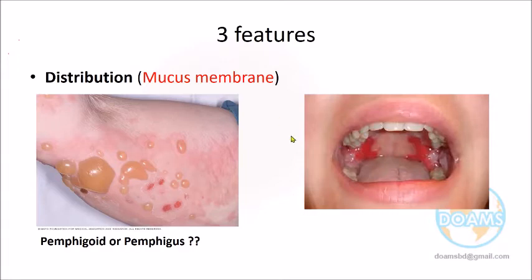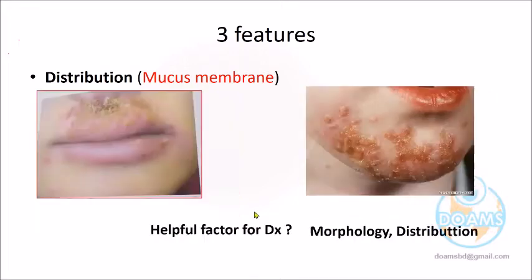Now what is the diagnosis? Now you become more confident to say this is pemphigus vulgaris. Yes, pemphigus vulgaris. So initially the patient presented with the skin lesions, the bullous lesions. So as a mucous membrane is associated, the diagnosis will be pemphigus.